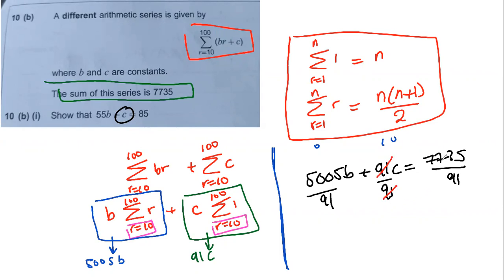How about 7735 divided by 91? 7735 divided by 91 is simply 85. Hooray, we are in business. This is the first part of it. Now, let me just check with 5005 divided by 91. It is 55. So this basically simplifies into 55b plus c equals 85.